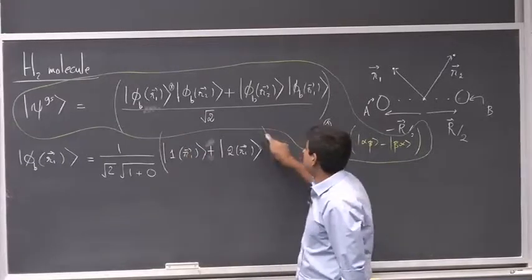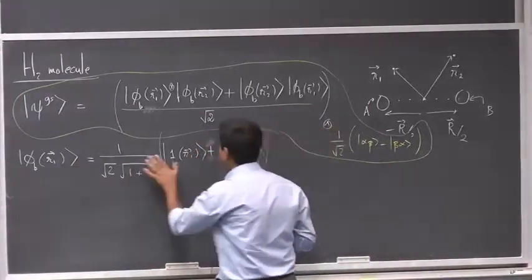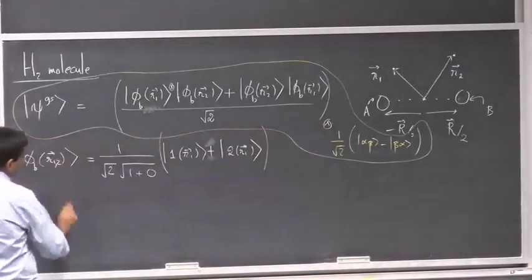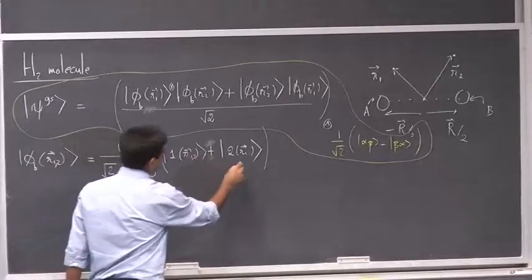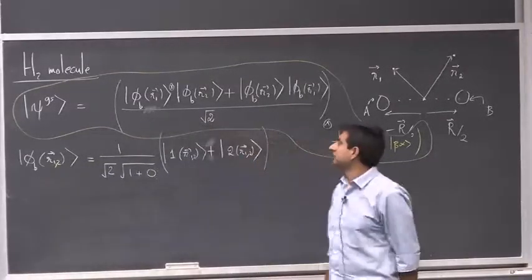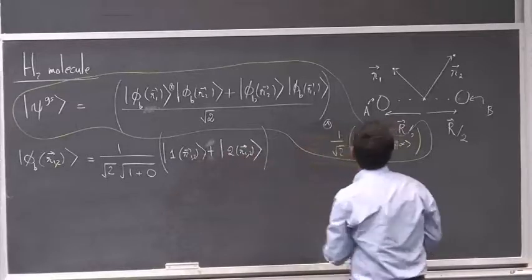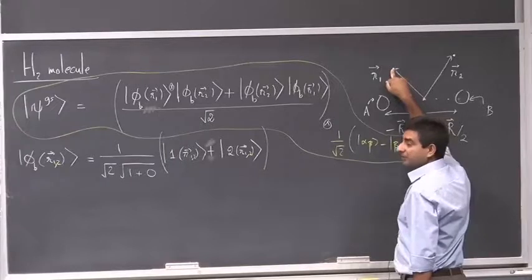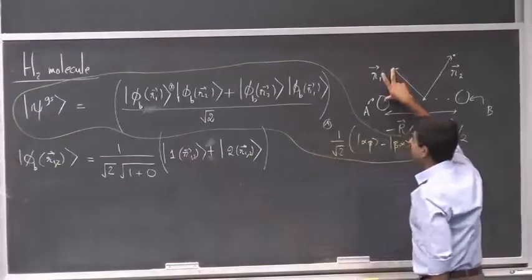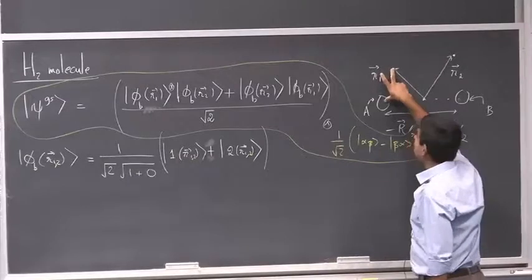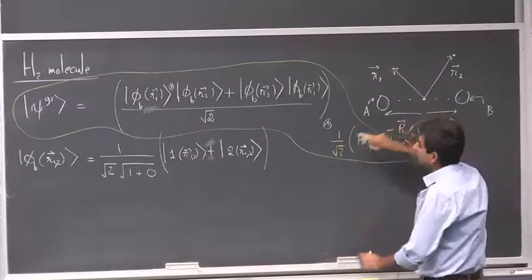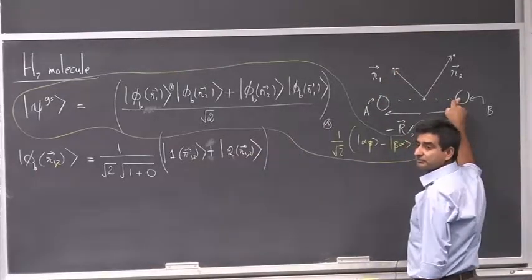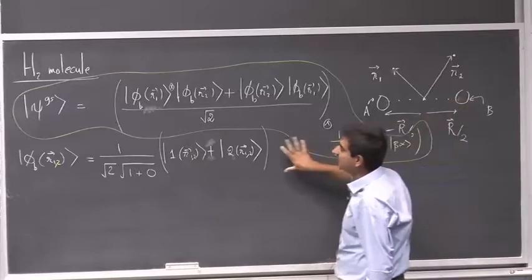This means that a bonding state has to be written in this fashion. If I just have r1 here, it means that the electron is at position r1. And if there is a 1 here, it's attached to nucleus A. And if r1 has a 2 here, it means that this electron is attached to nucleus B. Right. This is what this prescription means.